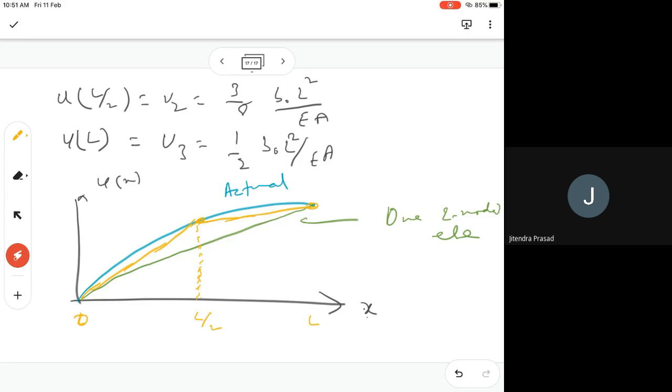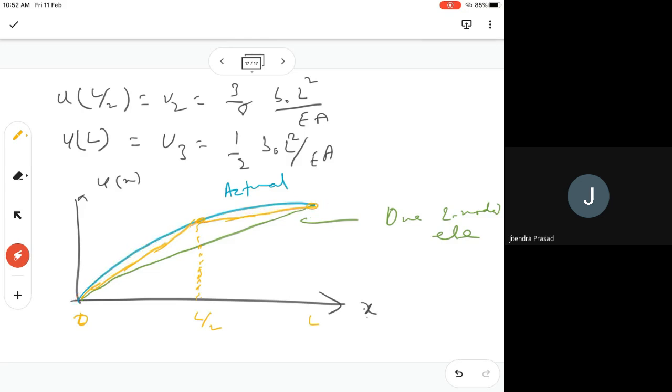When you say that, the length of the element you reduce accordingly. Yeah, so if you want to make it even better, you know that the solution is quadratic, and somehow if your interpolation function is quadratic, then you could have got this U exactly.